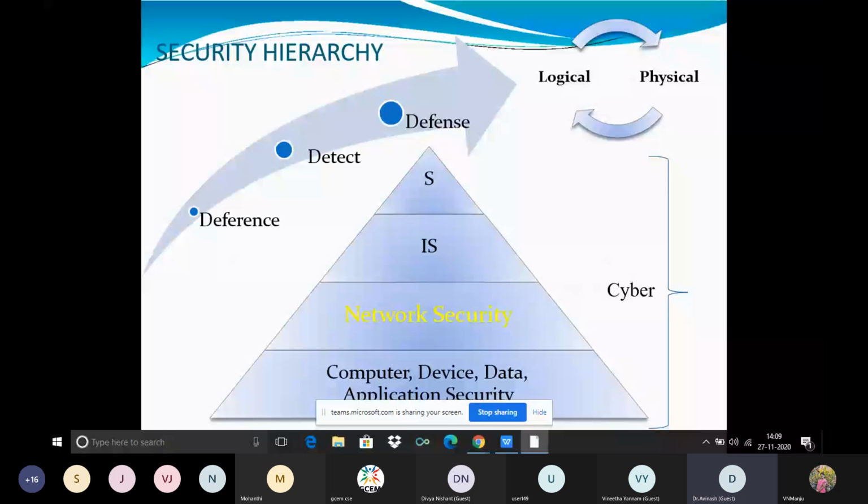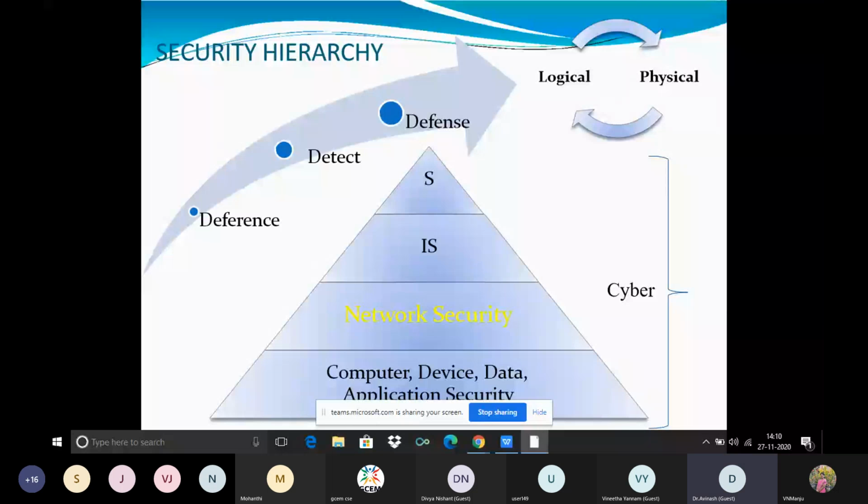So there is a possibility that things could happen at the different levels, and we can either detect or plan to defend against such attacks. So this is the security hierarchy, which is very important.